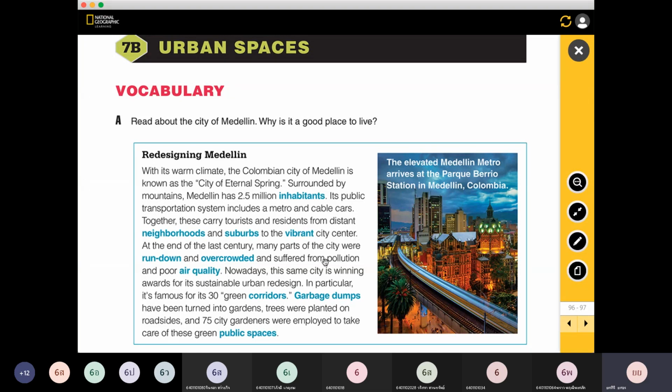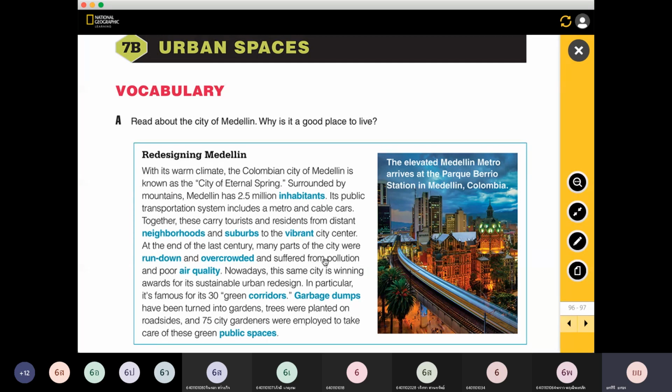And it's overcrowded. The city contains lots of people, and when there are lots of people in particular areas, they can make things worse.